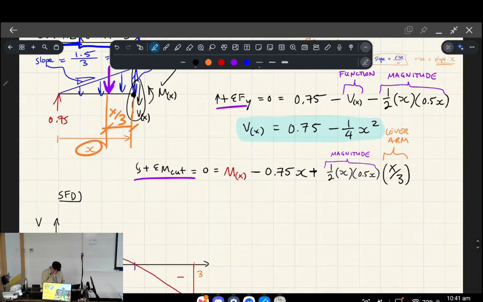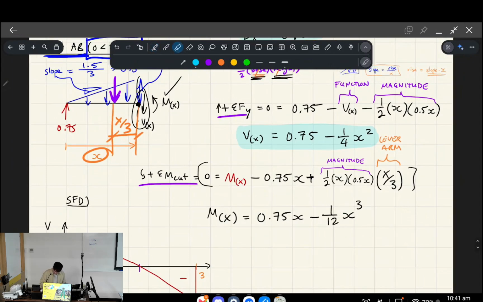So what we're going to do is rearrange for M as a function of x, and we find that it's equal to this. So you can see a few things. Let me put this in blue highlight.